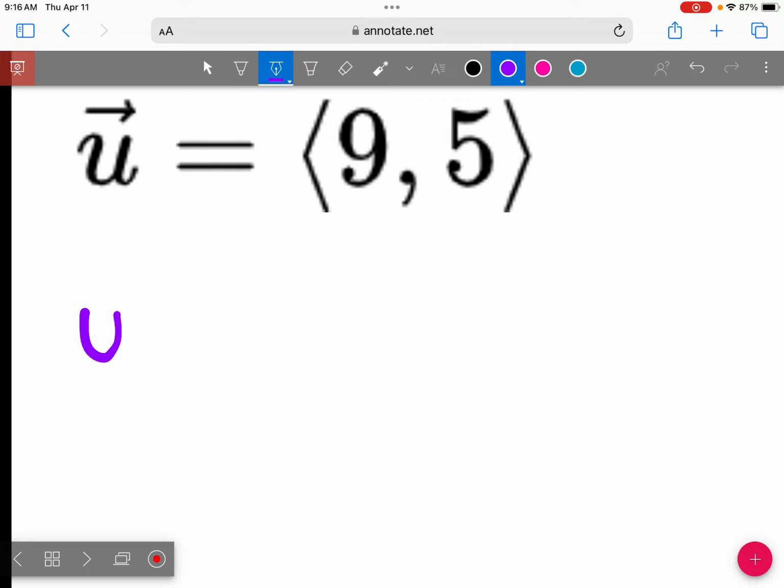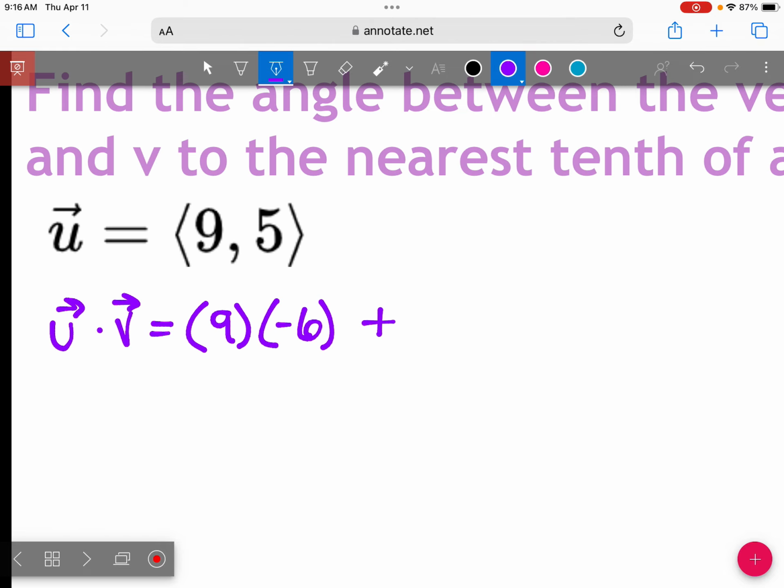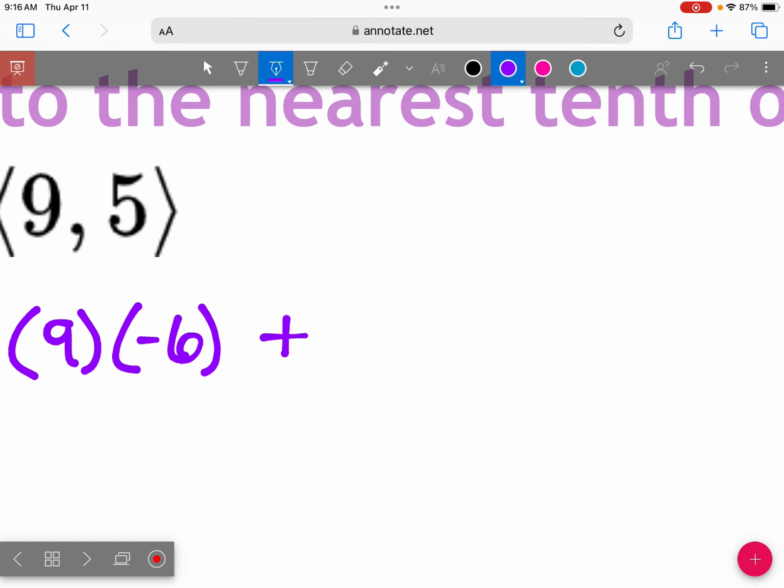So we're going to do u dot v, which is going to be 9 times negative 6 and 5 times 7.